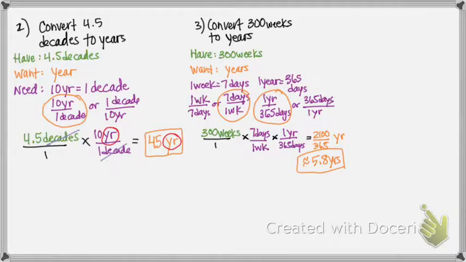Okay, I think I'm going to do the 4th one down here, and I may have to do some work along the side, so let's see what we come up with. So this last one, let's do 714 years to minutes.